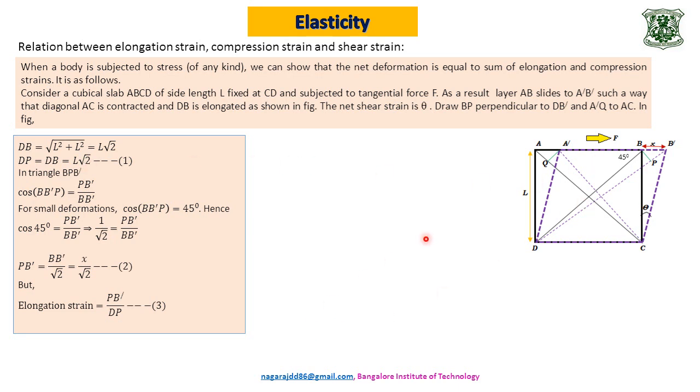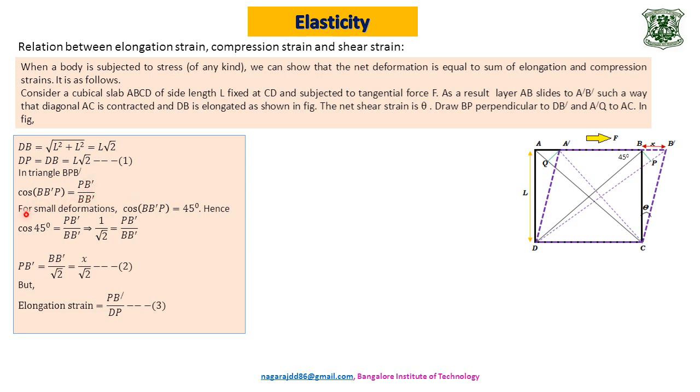Now coming back to triangle BPB dash. Please notice, BPB dash is a right angle triangle. And for small deformations, we can take this particular angle, angle B dash, as 45 degrees only. Then in this triangle, you write cos of BB dash P is equal to PB dash divided by BB dash, that is adjacent by hypotenuse.